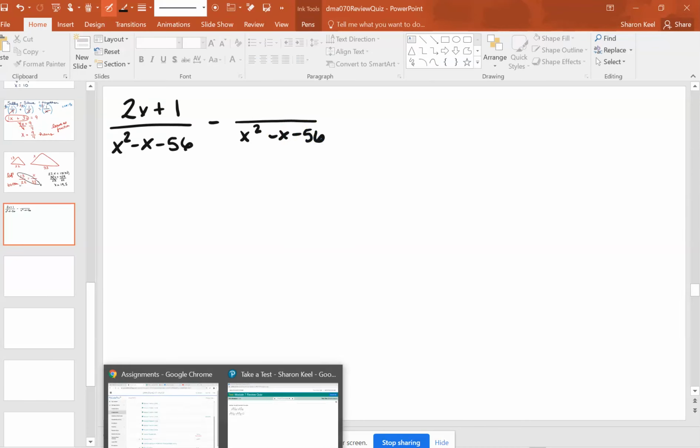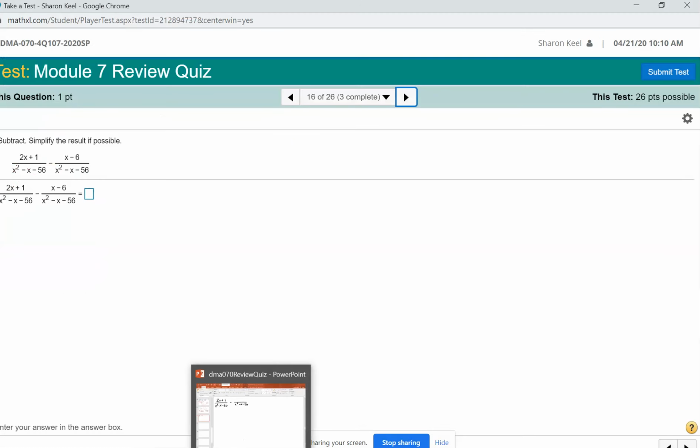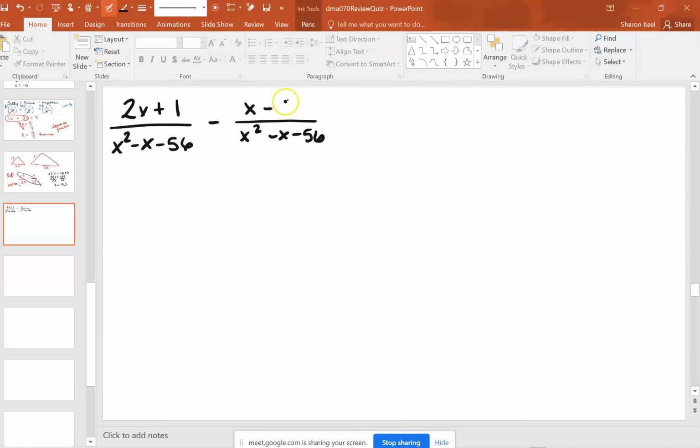And then in the numerator, we have x minus 6. Now, for this particular problem, when we go to subtract, if you will notice, both denominators are the same. So we do not have to find a common denominator. However, we do need to factor that denominator.